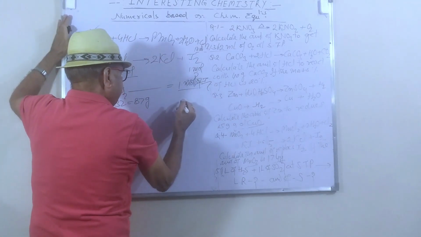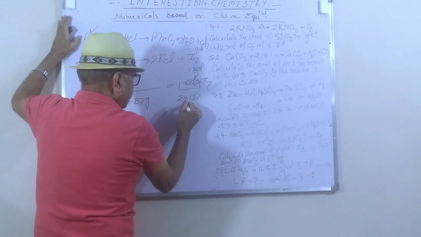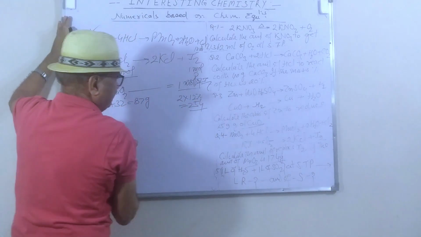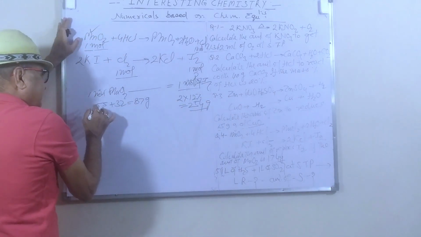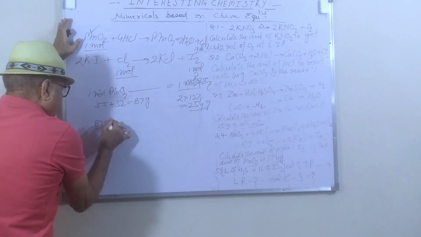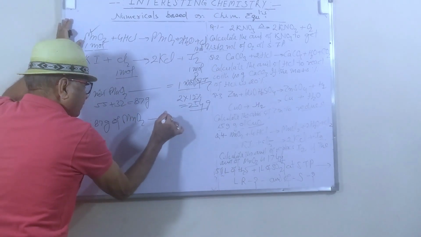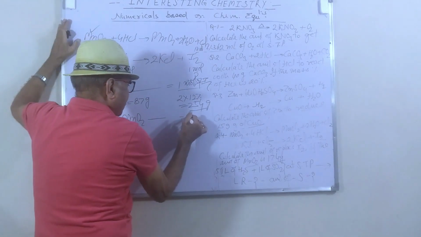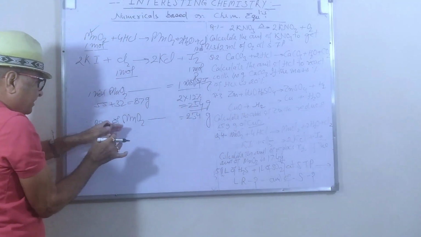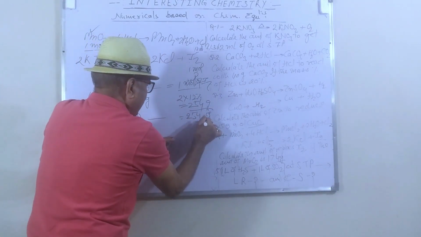And 1 mole of iodine, I2, I is equal to 127, so it is equal to 254 gram. So again come here: 87 gram of MnO2 is required to replace 254 gram. So directly you can say the MnO2 replaces 254 gram of iodine.